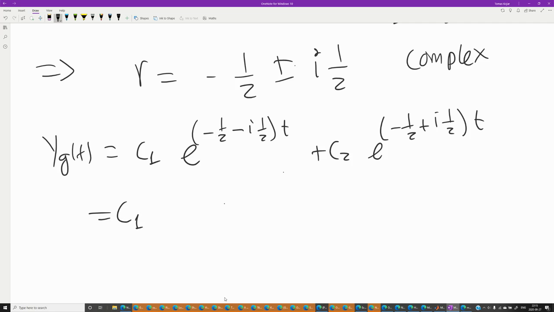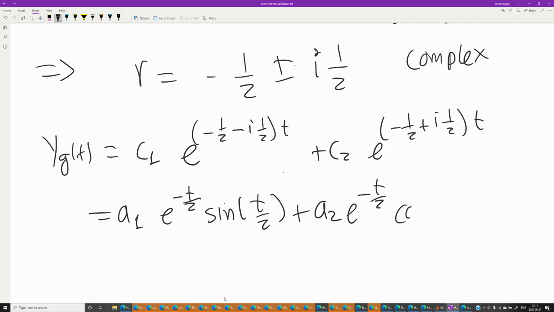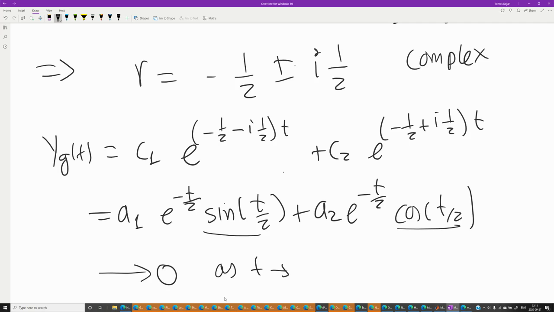And you can write this using Euler's formula as e to the minus t over 2 times sine t over 2 and cosine t over 2. And again, the exponential goes faster, so this goes to 0. These guys are between 1 and minus 1, so they don't affect the decay.